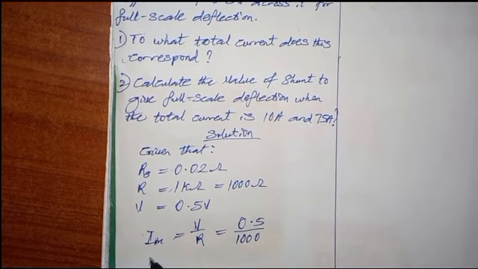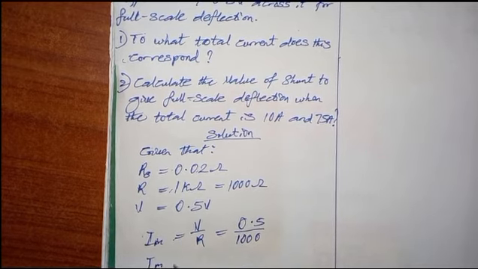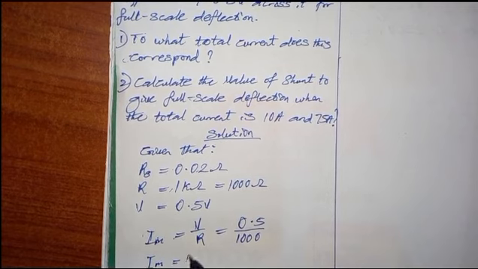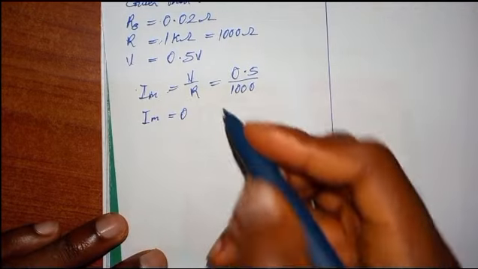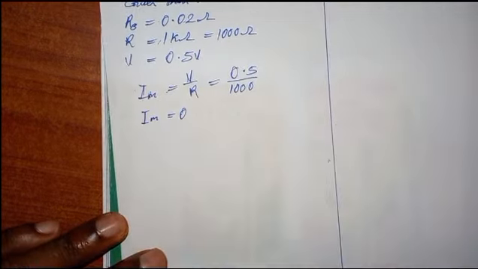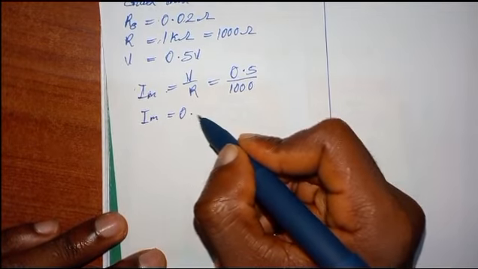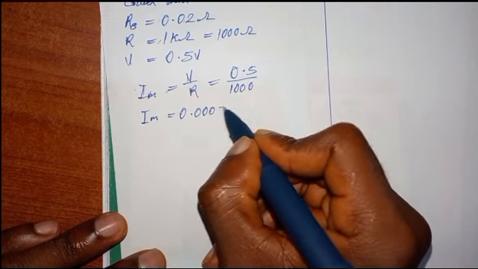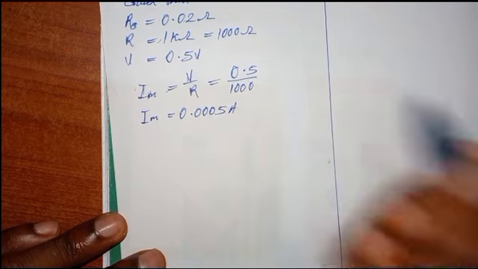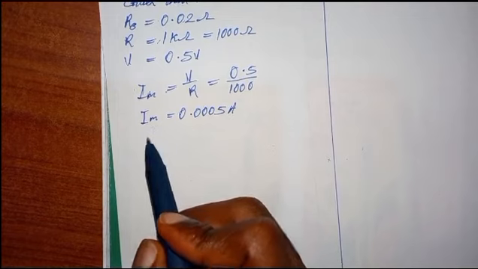Im equals 0.5 divided by 1000. That will give us 0.0005 amp. Remember, this is a unit for current. We are solving for Im.